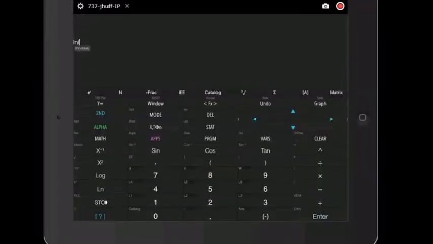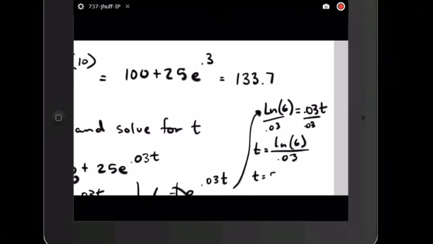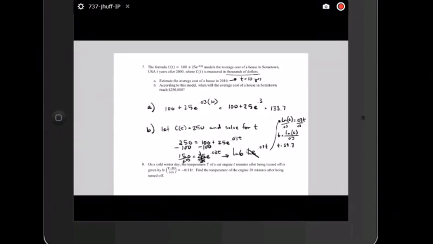So natural log of 6 divided by 0.03 is 59.7. And since t is a measurement of time, it's 59.7 years after the year 2000, so 2059 is when the average house cost would reach 250,000.